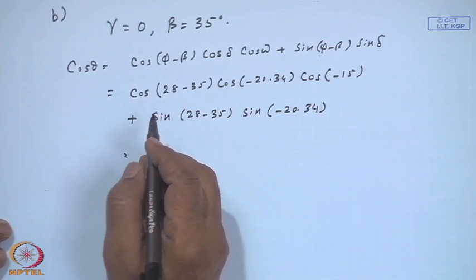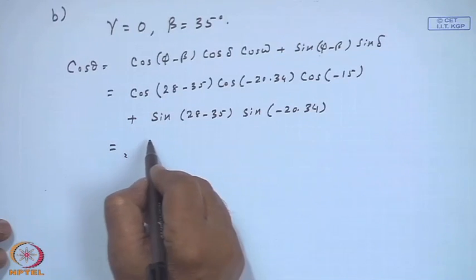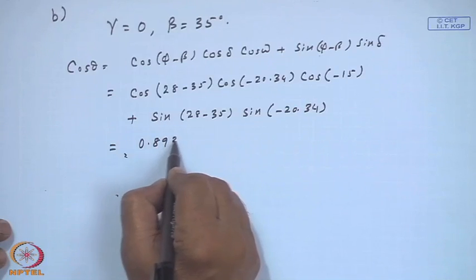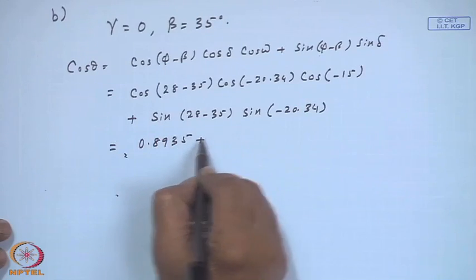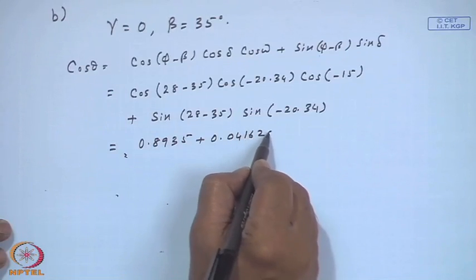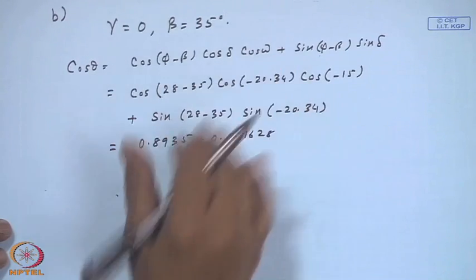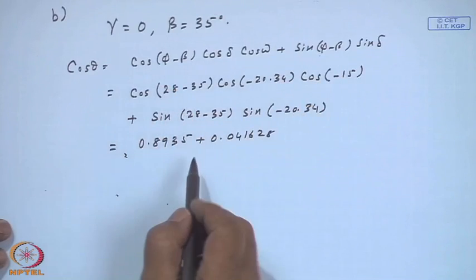So, this is equal to 0.8935 plus 0.041628. So, you check these numbers because I have given only the two terms over here.